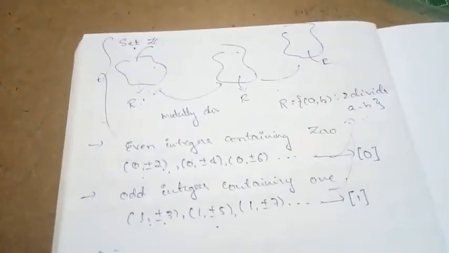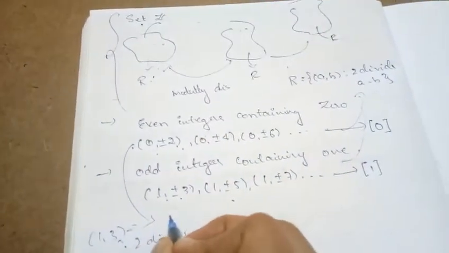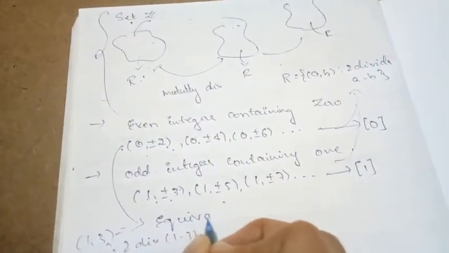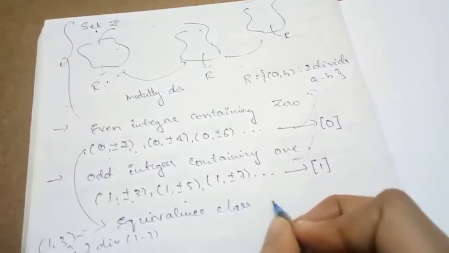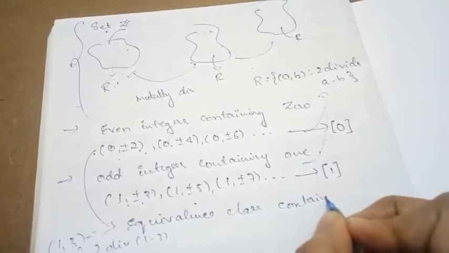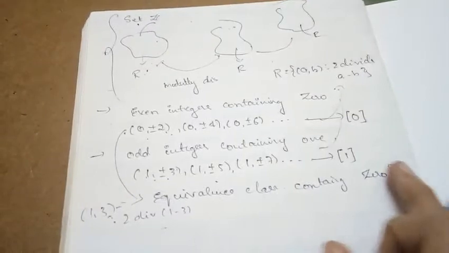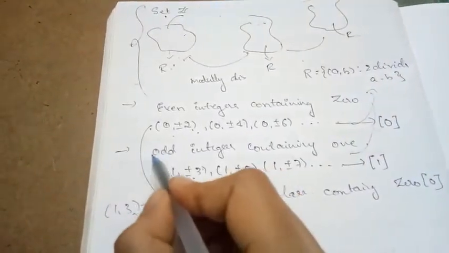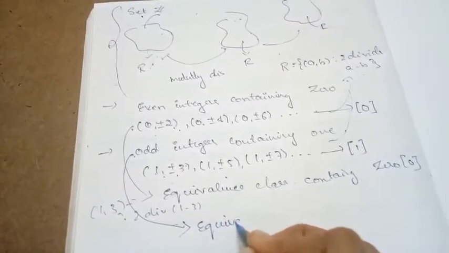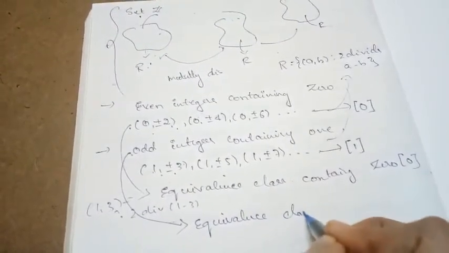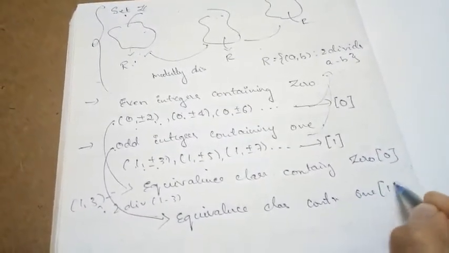We call this an equivalence class containing 0, denoted by 0 within square brackets, and this one an equivalence class containing 1, represented as 1 within square brackets.